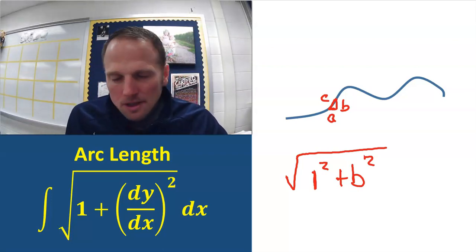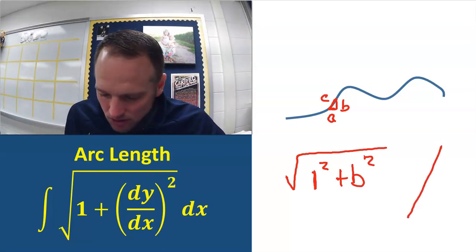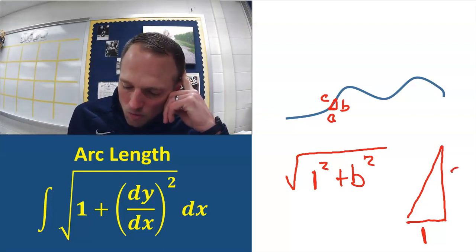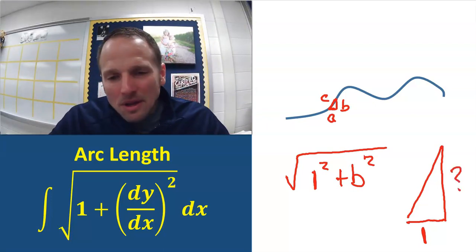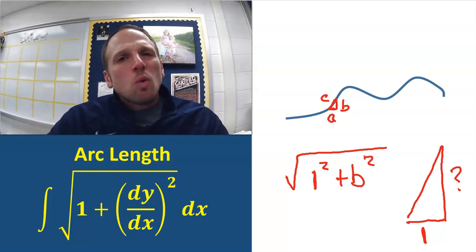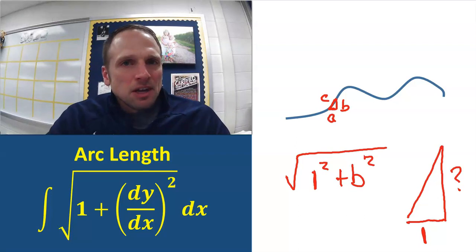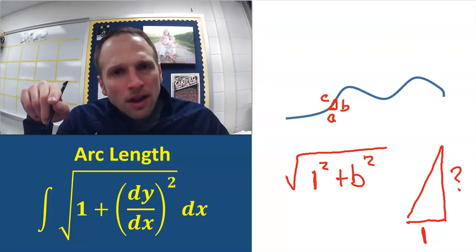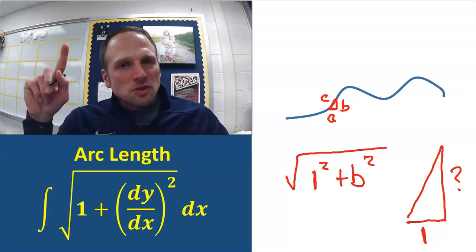Well, let me see. I'm going to just draw this triangle over here so it's a little bit easier to see. If this is 1, what would that be? Well, let's think about some things we know. What do we call it, like in a graph, when we go over 1 and we go up a certain amount?